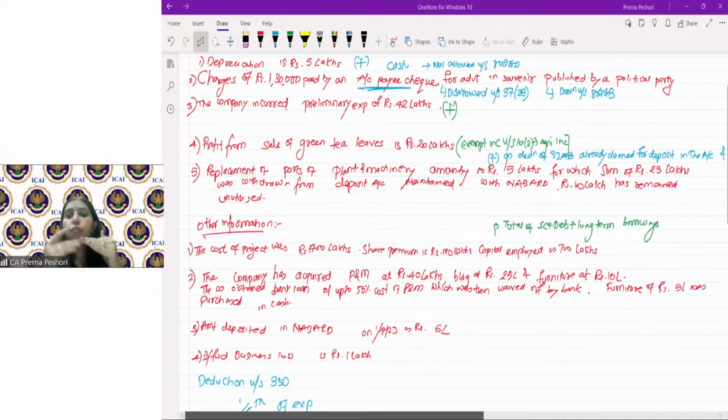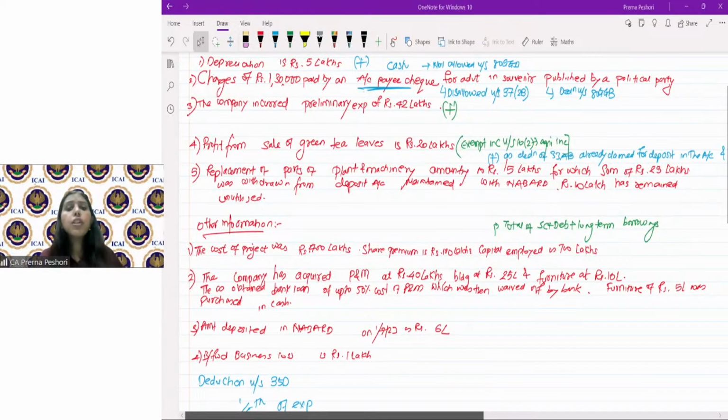When you withdraw the amount from the deposit account, it cannot first of all be withdrawn except for the purposes specified in this 33AB scheme. It can only be withdrawn for the specified purpose, which could be any business expenditure or any asset purchase. But once you have taken the deduction of the amount deposited, you cannot again claim the deduction for the revenue expenditure.